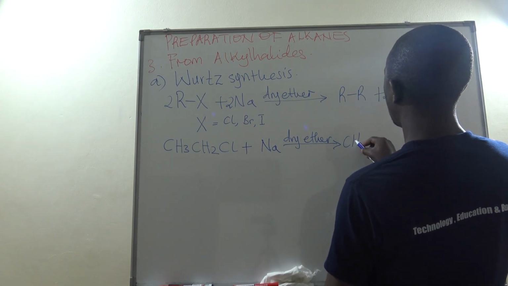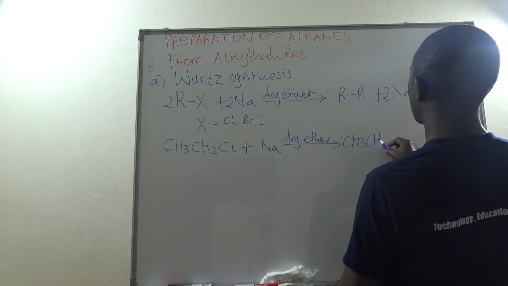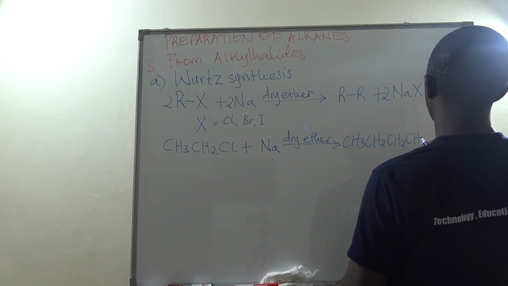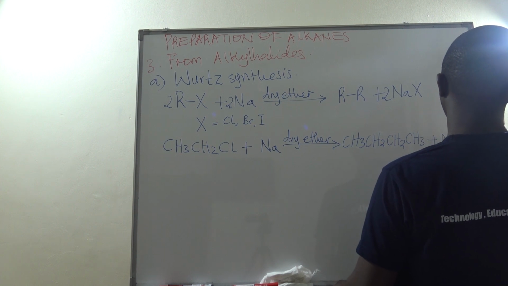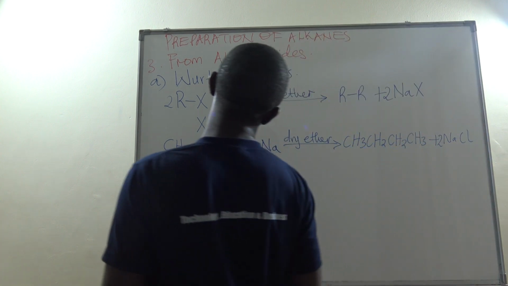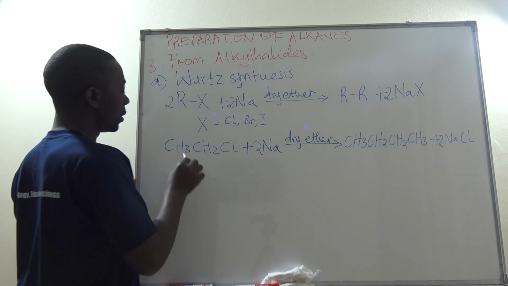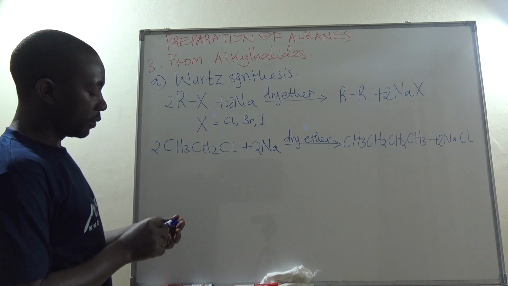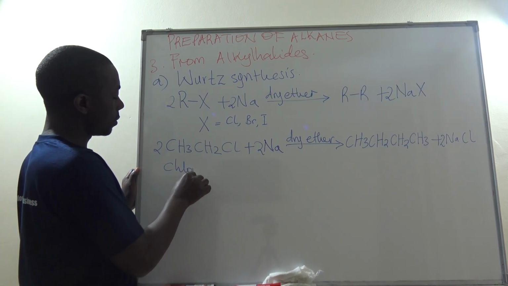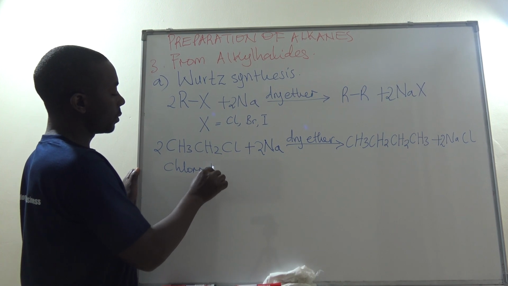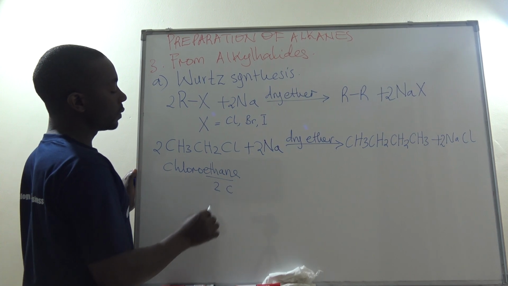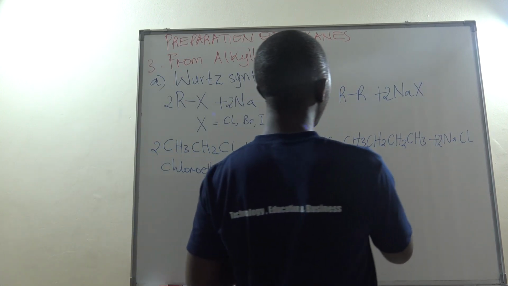This is CH3, CH2, CH2, CH3, then plus sodium chloride. This would need a 2 here for balancing the equation. This would also need a 2 here. Now, this is called ethane, having 2 carbon atoms, but then this is called butane.